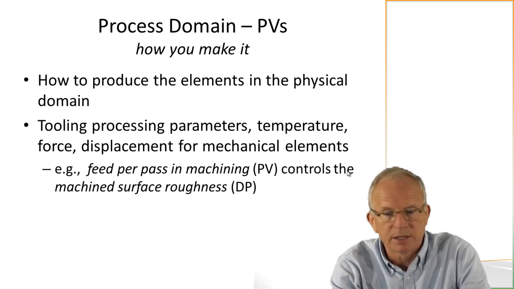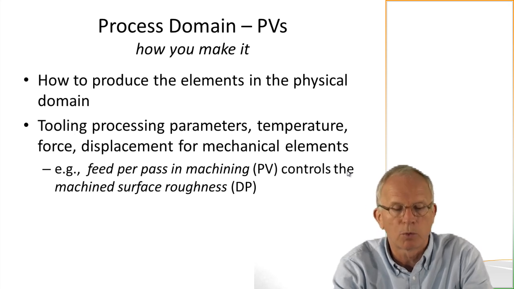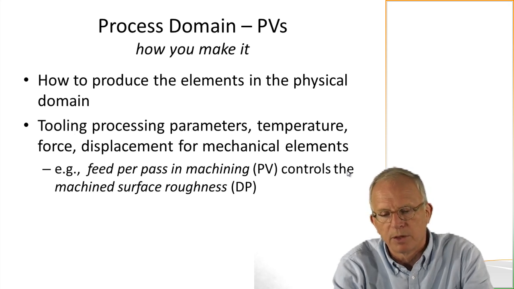If I'm processing different kinds of materials, the temperature can be very important, and I can change properties like hardness with the temperature and control of the temperature, or force, or some sort of displacement if we're looking at mechanical elements.